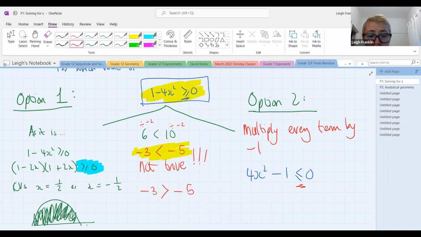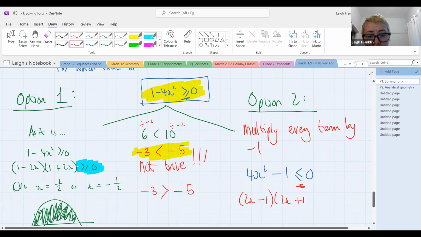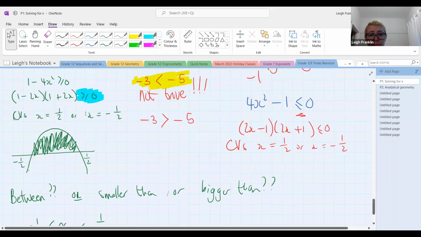Then it would go through the same process. Factorize. Find my critical values: x is equal to 1/2 or x is equal to -1/2. Can you see I've got the same critical values as I had before?